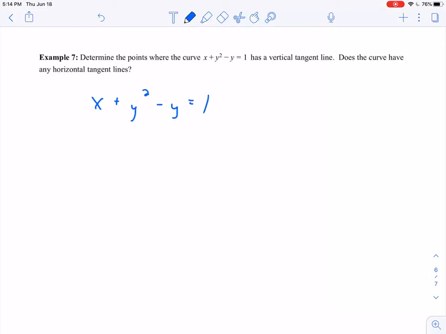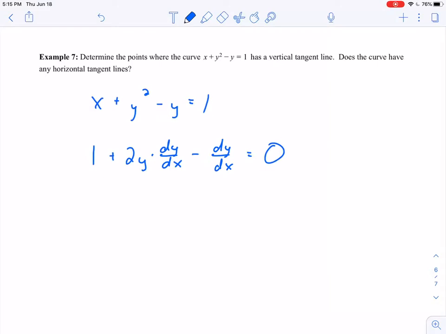So the derivative of x, that's just 1, plus the derivative of y squared, that's going to be 2y times dy over dx, minus the derivative of y, that is 1 times dy dx, or simply just dy over dx. The derivative of 1 on the other side, that's just 0. So okay, we'll take this equation and solve it for dy over dx really quickly here.